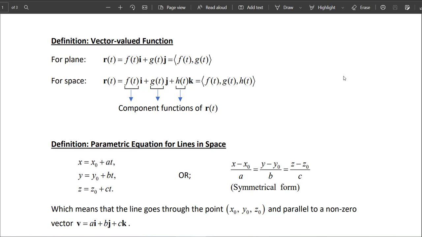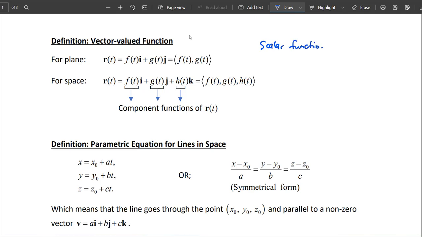Okay, for this video, we will learn about the introduction of vector value function. Previously we have come across scalar function.